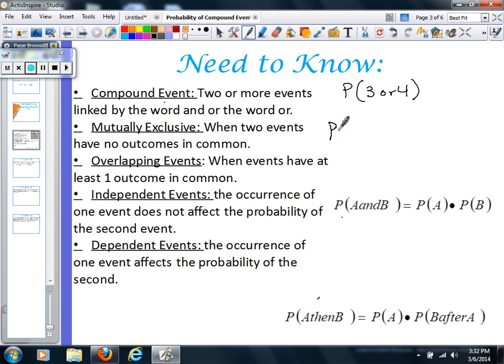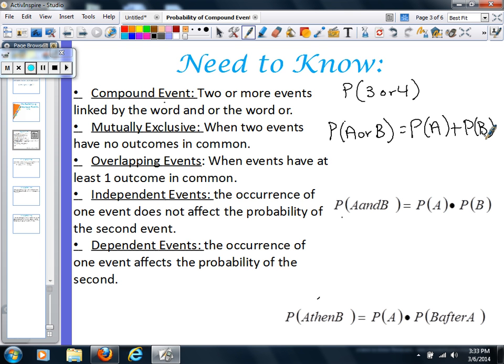So for mutually exclusive events, the probability of A or B is going to be the probability of A plus the probability of B. Okay?